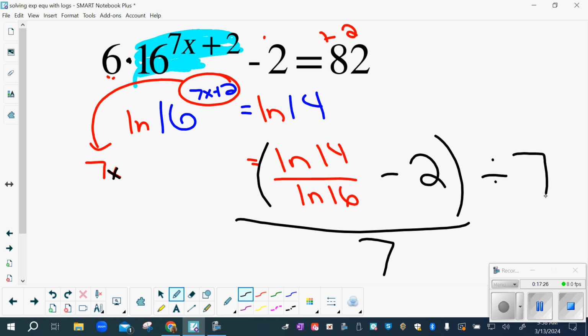I said added 2, divided by 6. And 84 divided by 6 is 14. Does that make sense? So added 2 to 82, and you divided that number by 6. Okay. Nice.